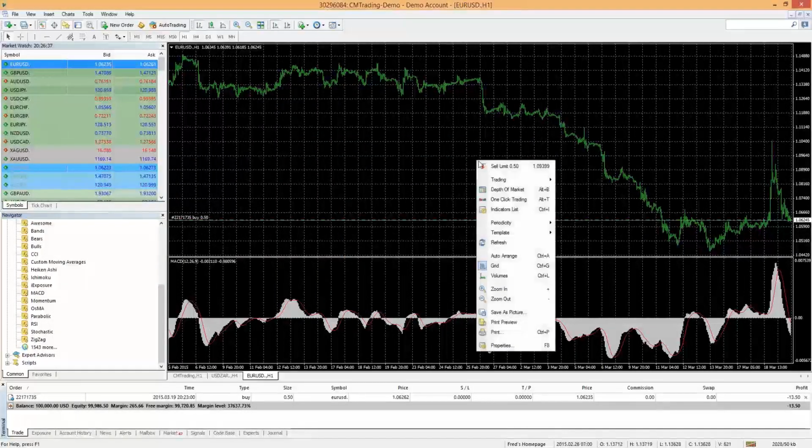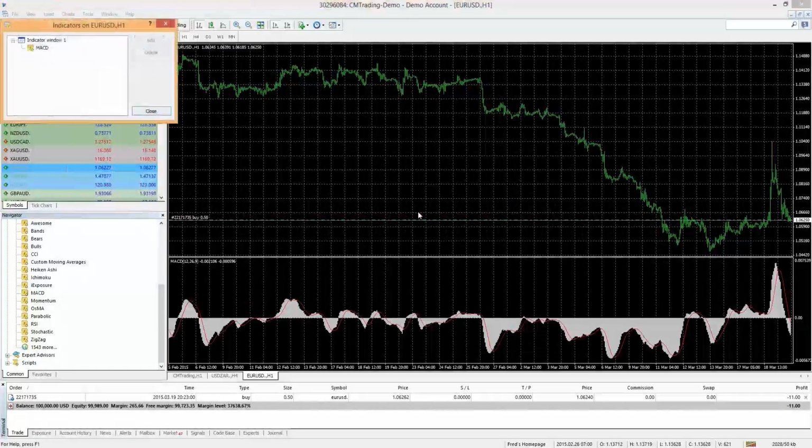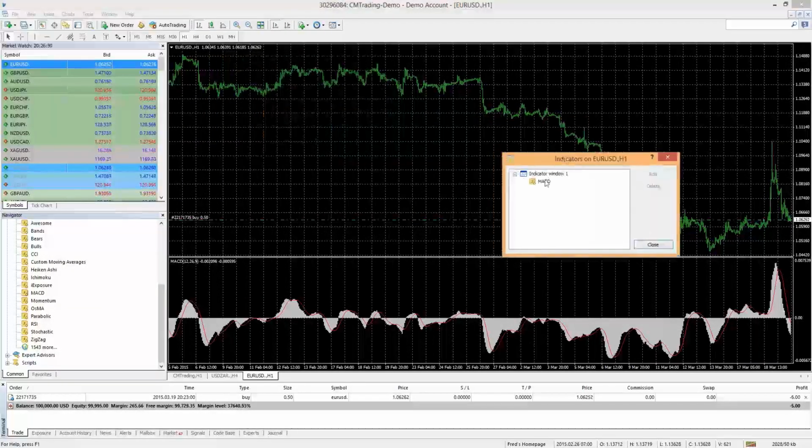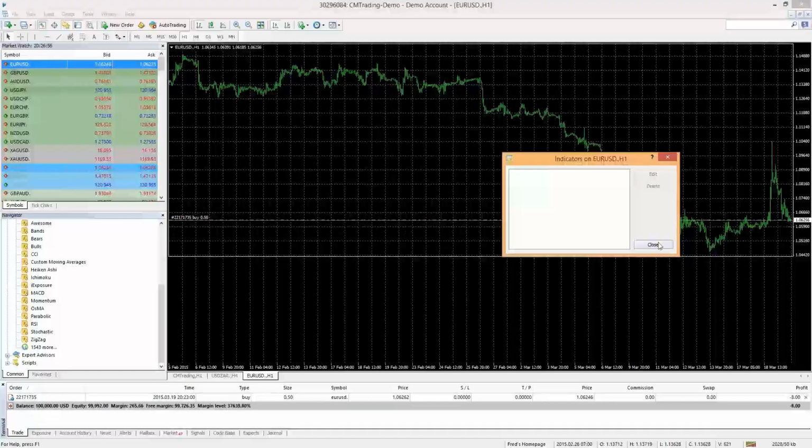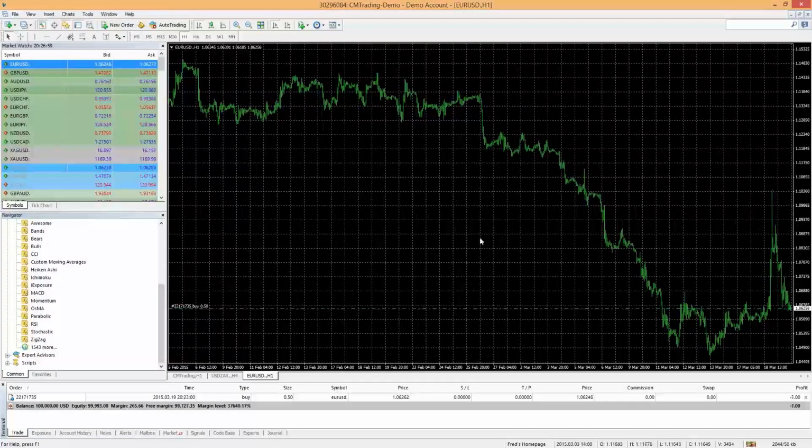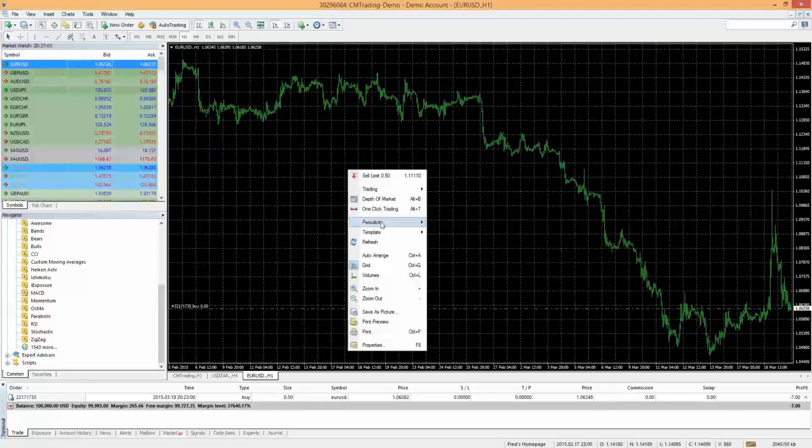No, sorry. If I want to remove it, where is it? Indicator list. There we go. It shows me the indicator. I go to the indicator, I press delete, and I close it, and it's gone. Okay, so that's right click.